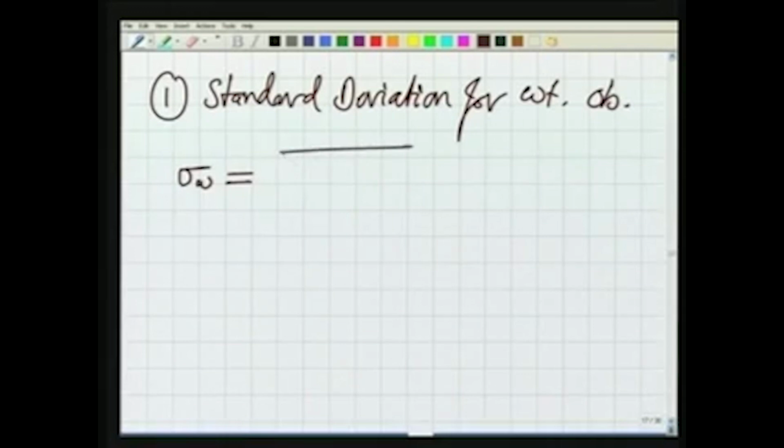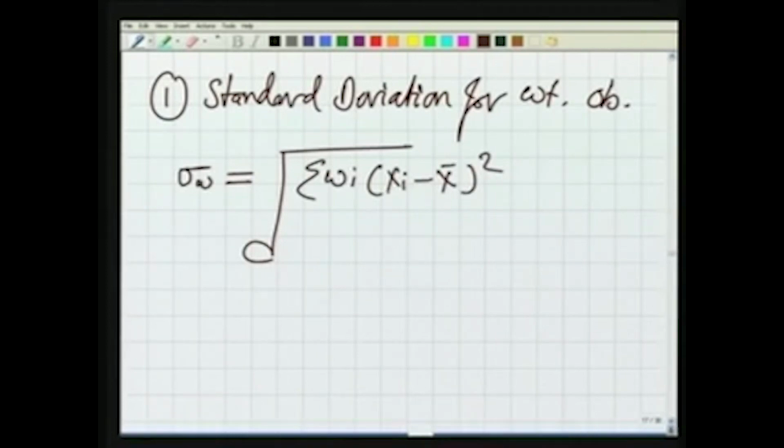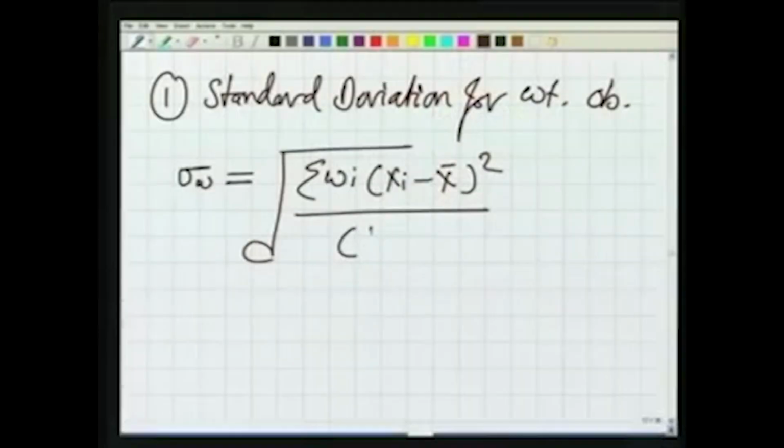This is, as we have seen before also, the square root of sigma Wi times xi minus x bar squared, where xi and x bar are the observation and the mean, and Wi is the weight of the observation, divided by n minus 1. So this gives you the standard deviation of the weighted data.